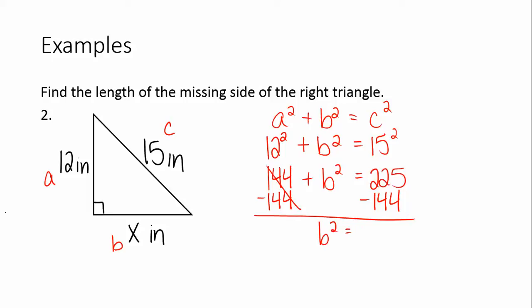So 225 minus 144 is 81. And now when we square root both sides, we get that b equals 9 inches. So the unknown side length here is one of the legs, and it's 9 inches.